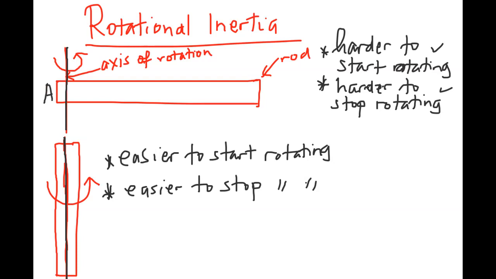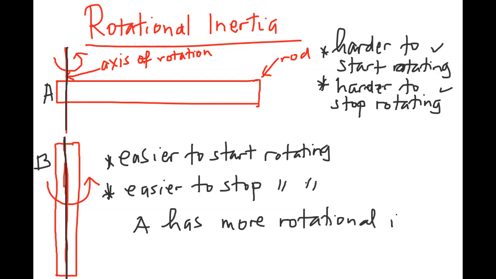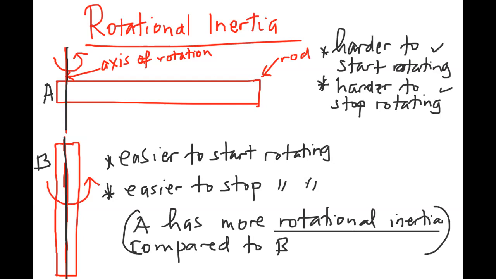If this is rod A and this is situation B, the rod in example A has more rotational inertia compared to B. This is the conclusion, and now we have to understand what rotational inertia is. What causes situation A to have more rotational inertia than situation B?